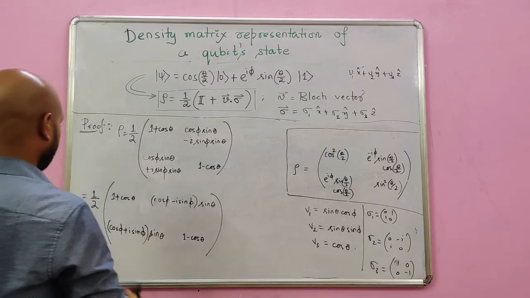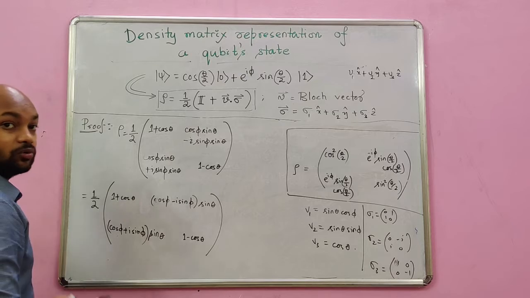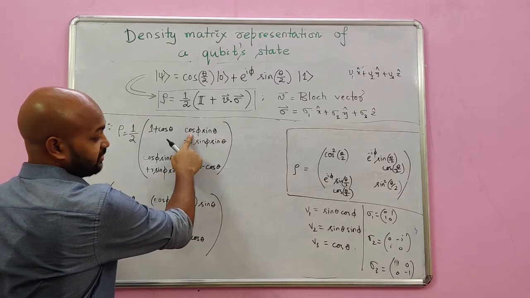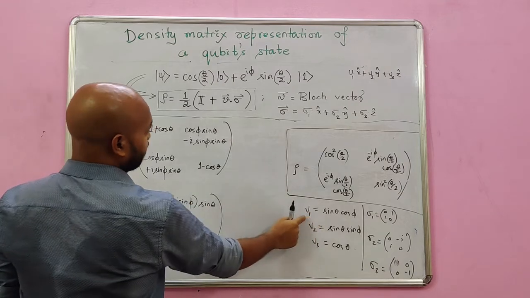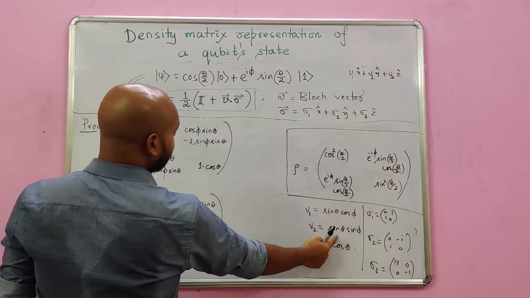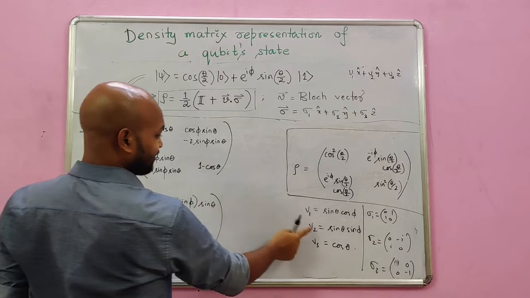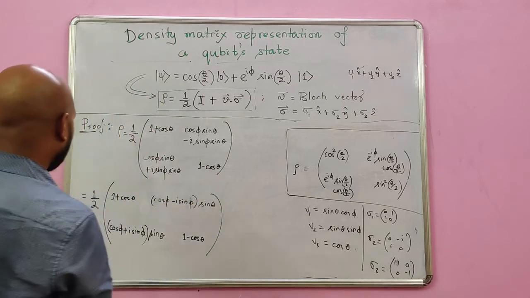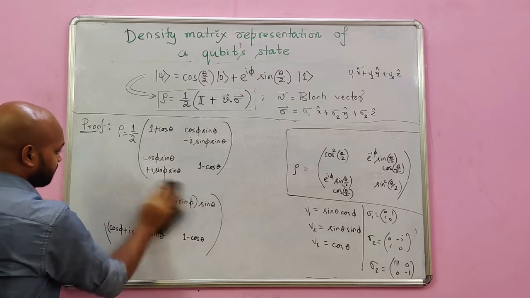Okay, now we could notice that cos phi sin theta is this term V1, sin phi sin theta is V2, and cos theta is V3. So we are almost done.